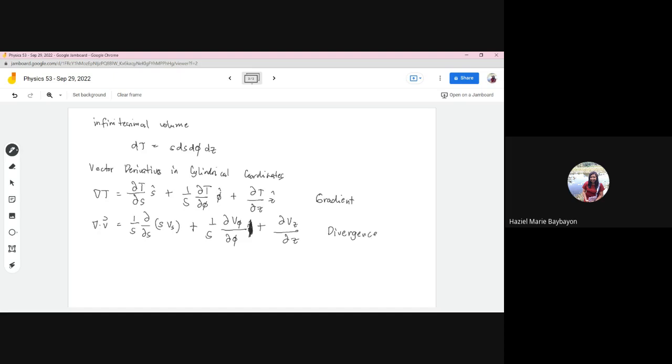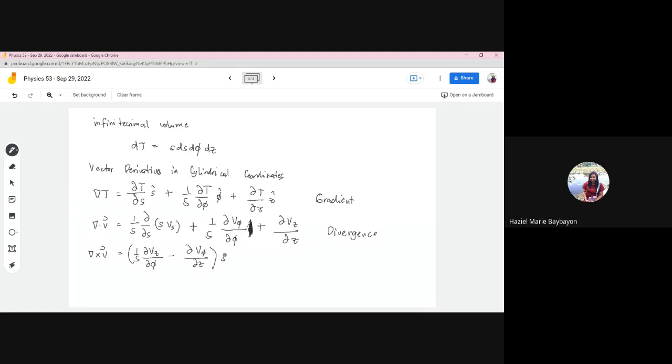And then for the curl of a vector function, you have 1 over s multiplied by the partial derivative of v sub z with respect to phi minus the partial derivative of v sub phi with respect to z.